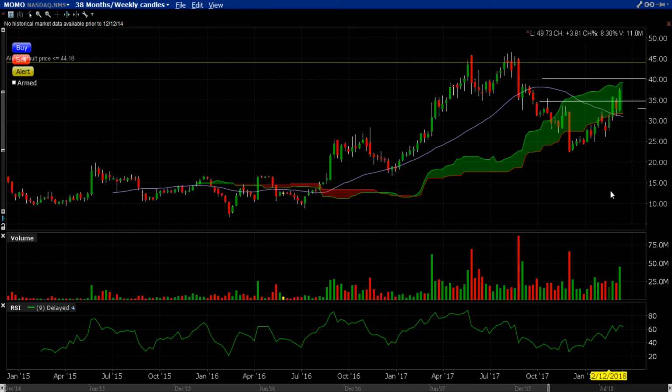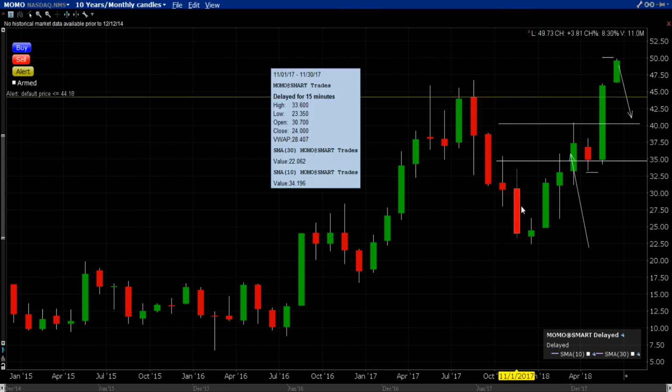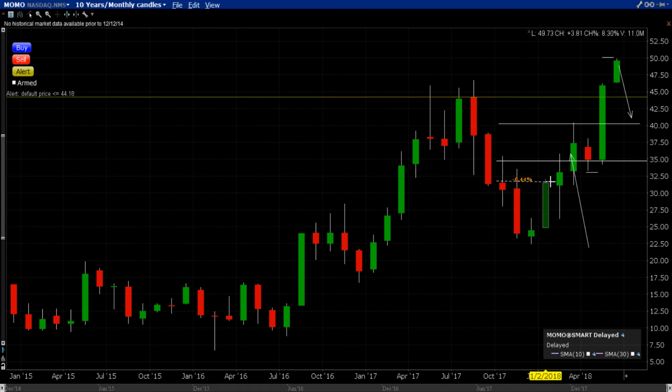And if we go back on the monthly, it's this candle right here. There was no breakout. It was just still morphing. The chart was morphing. This was maybe here.